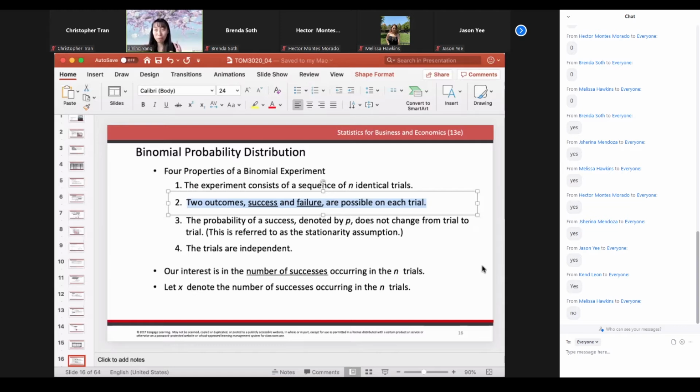And as another translation between statistical language and plain English, we have to define the only two outcomes to be success and failure in statistical language. So it's very different from the real world or plain English context. Success does not mean you accomplish anything, and failure does not mean you failed anything or you didn't do anything. Success versus failure are the statistical terms we use to describe two outcomes, the only two outcomes.